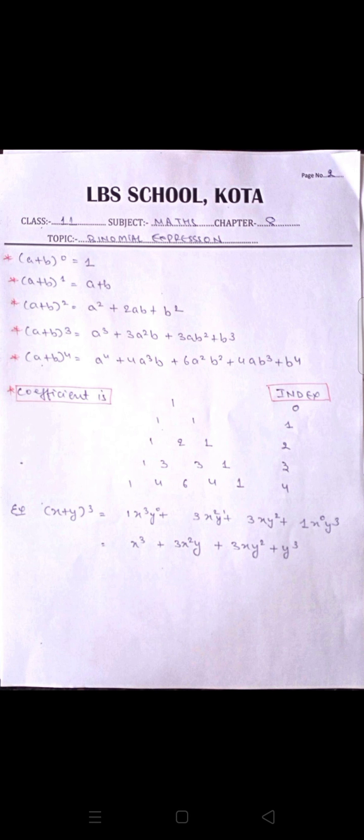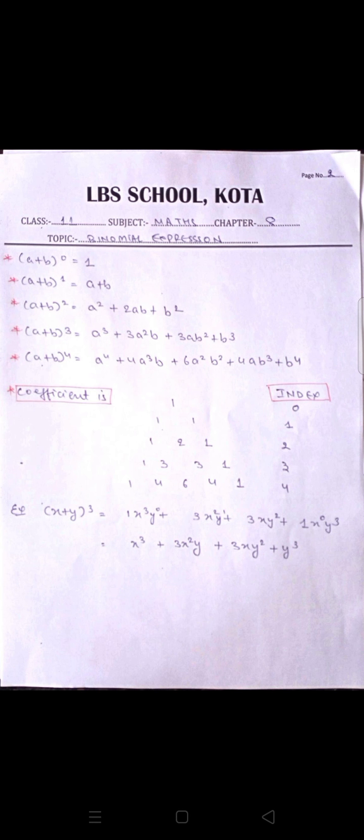If we compare the coefficients of all the above terms, in the expression a plus b to the power 0, the coefficient is 1. So, we will put 1 on the top, and the second one, the a coefficient is 1 and the b coefficient is 1. So, we will write 1 and 1. Again, the third expression, the coefficients are 1, 2, 1.